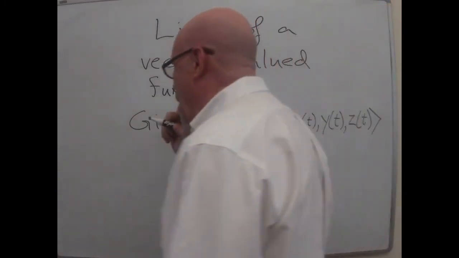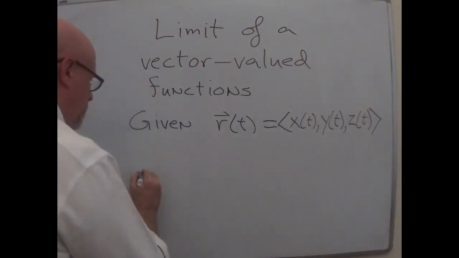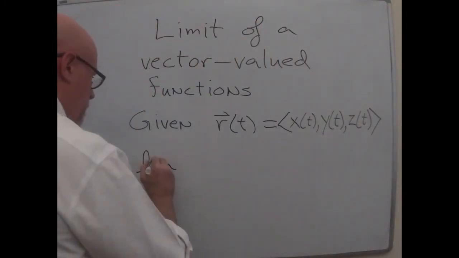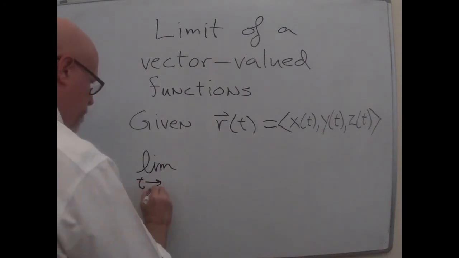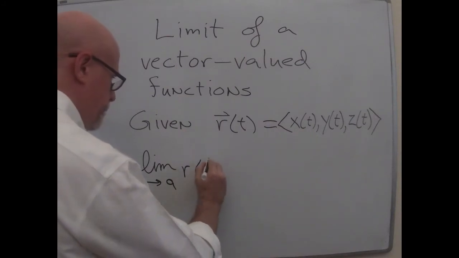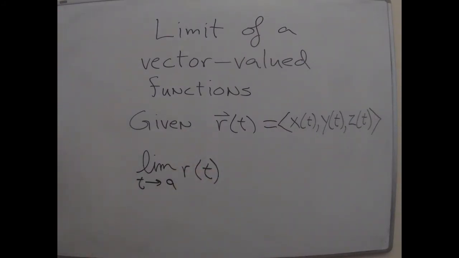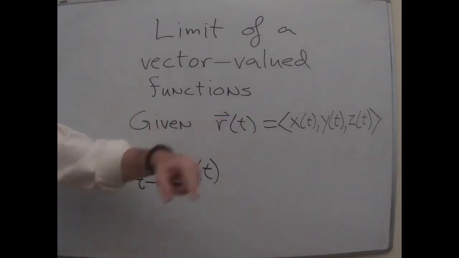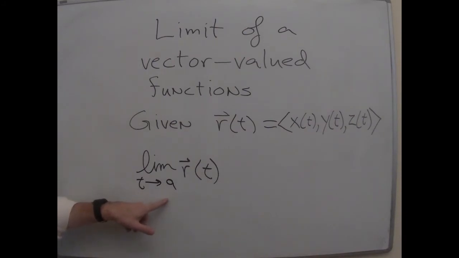Anyway, what should we do with the limit as t goes to some value a of r of t? Well, I'll tell you, that r needs a hat on it. It's almost the only thing you could think about doing. What you want to do is figure out what happens to those coordinate functions as t goes to a.